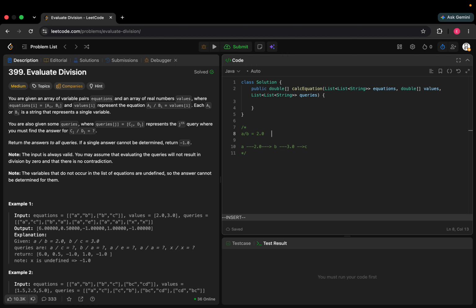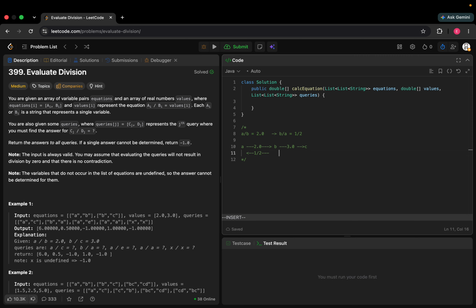We can also translate this one. B divided by A is actually equal to 1 divided by 2, which means we can also let B point to A, with the value 1 divided by 2.